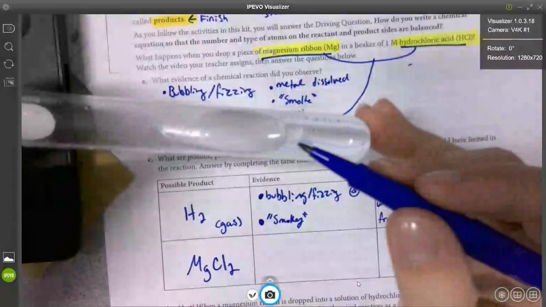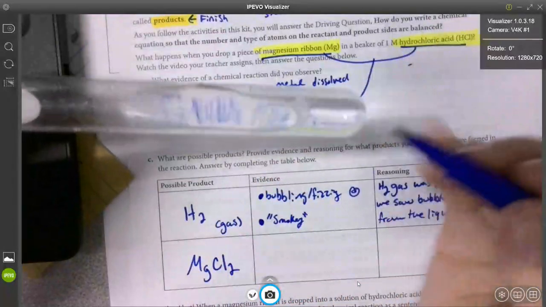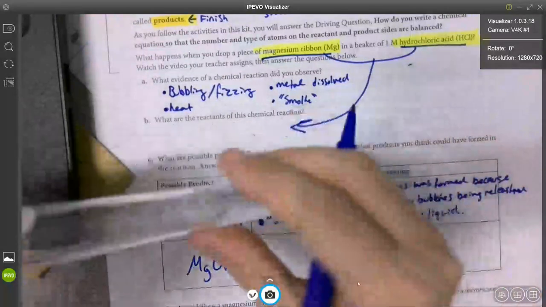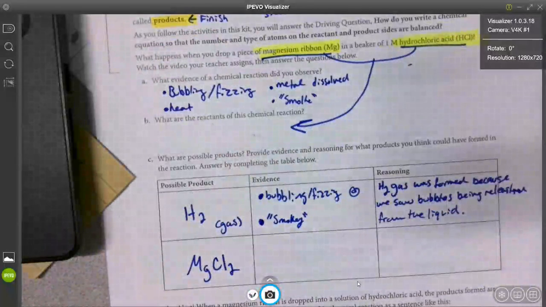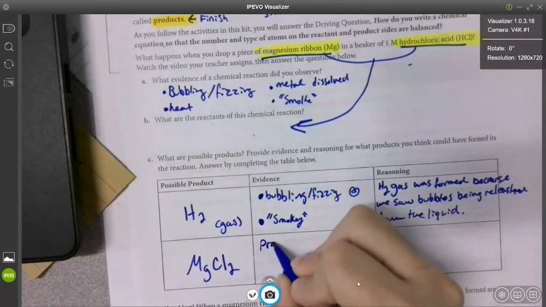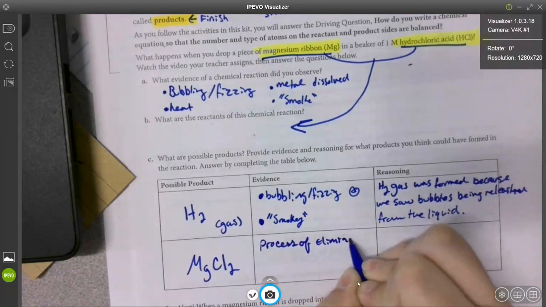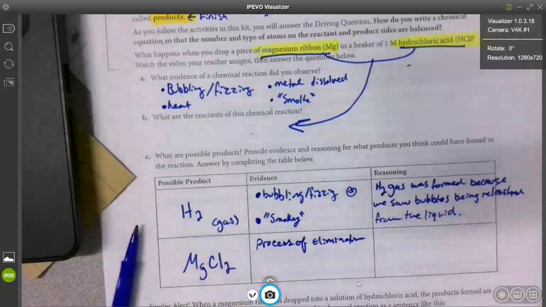You still have a little bubbling still occurring around here, but it's just a liquid. That's it. So you have your process of elimination. So we know by process of elimination that magnesium chloride was formed.